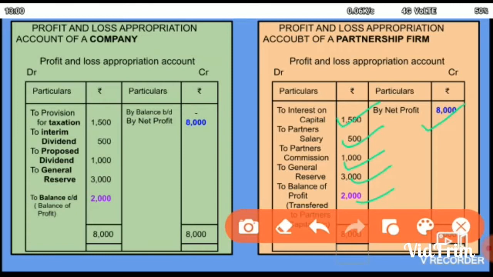Similarly, a company also prepares a profit and loss appropriation account, but the division of the net profit is slightly different from the partnership business. But the concept is almost the same. Now, a company generally prepares an income statement at the end of the year, that is the profit and loss account, and the net profit is transferred to the profit and loss appropriation account. Now, let us assume that the net profit of the company is 8,000.